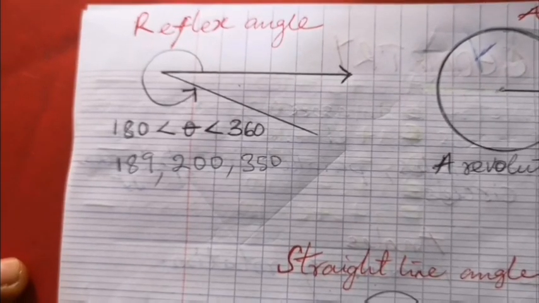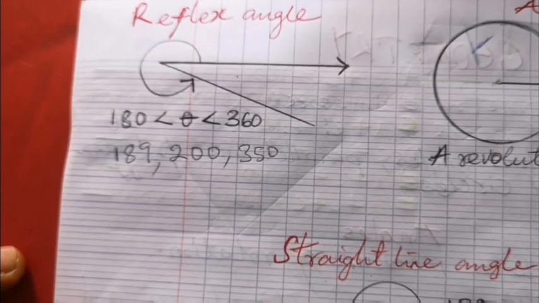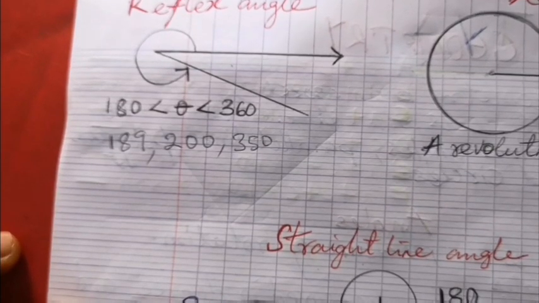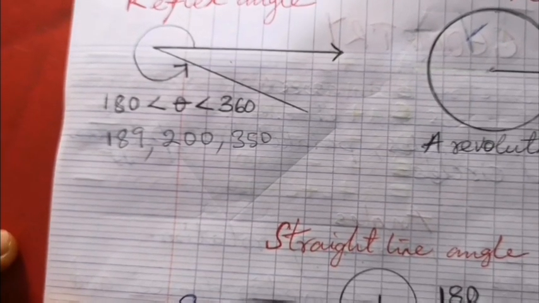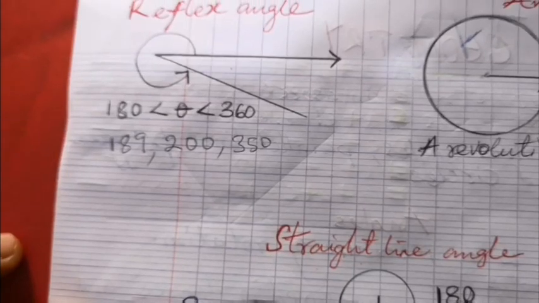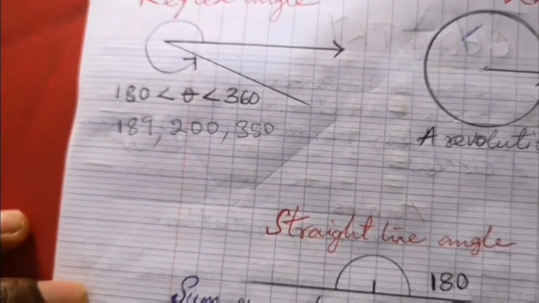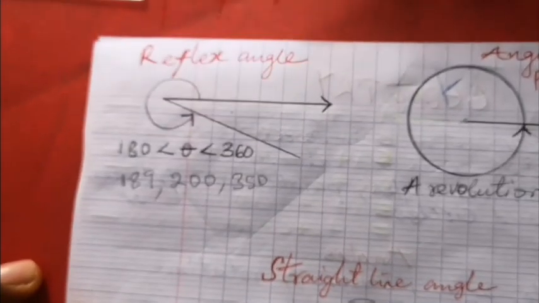Even angle 270 is a reflex angle. Angle 220 is a reflex angle. So any angle that is bigger than 180 but less than 360 degrees is an example of a reflex angle.